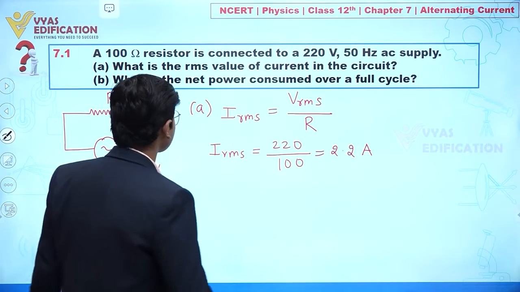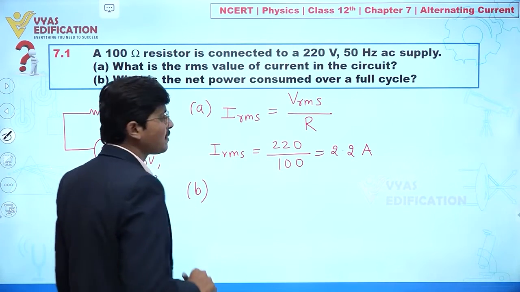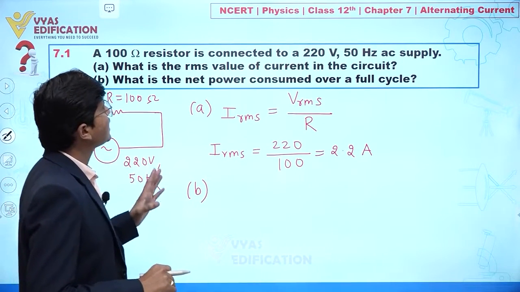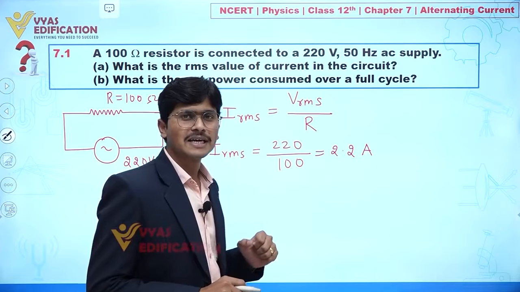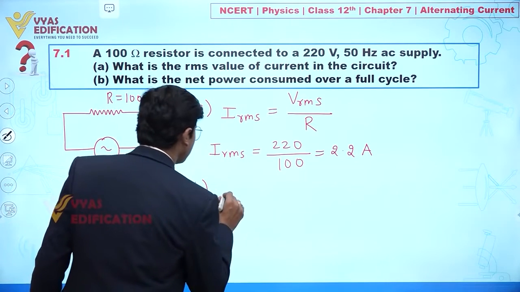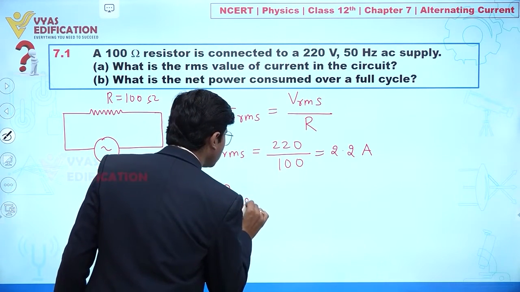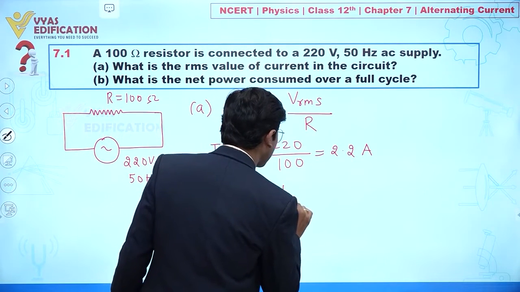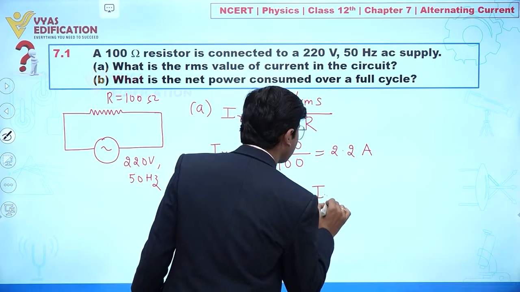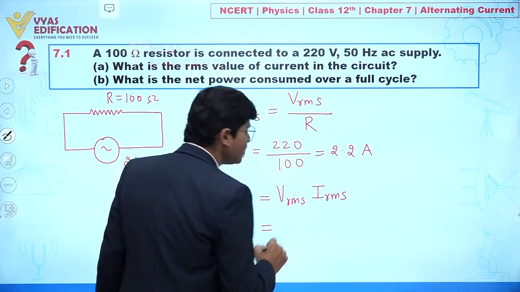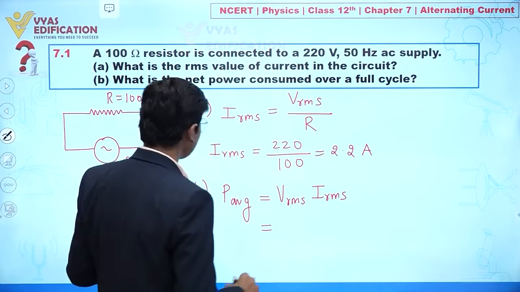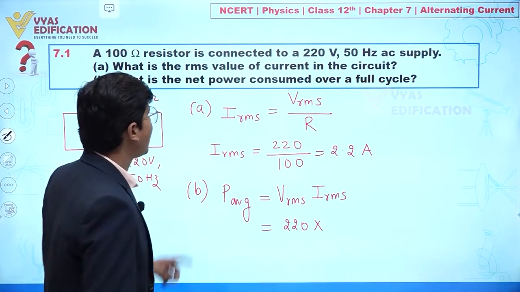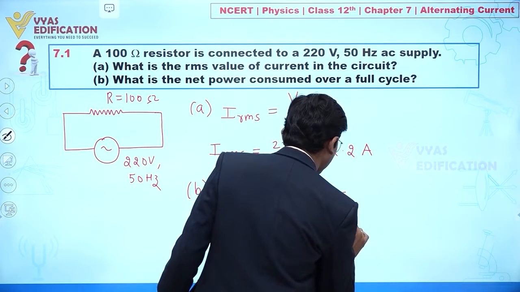Now we are going to discuss part B. In part B, it is given: what is the net power consumed over a full cycle? Net power consumed means we always find the average power, which is written as V_RMS multiplied by I_RMS. V_RMS is given as 220, multiplied with I_RMS, which is 2.2.